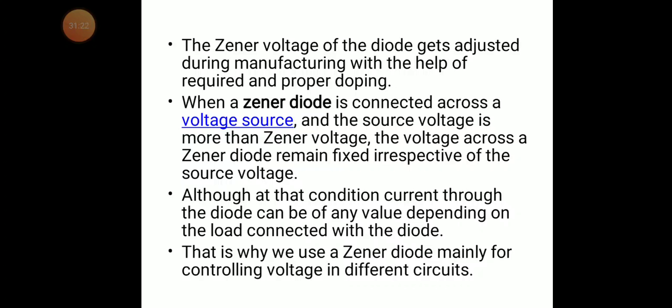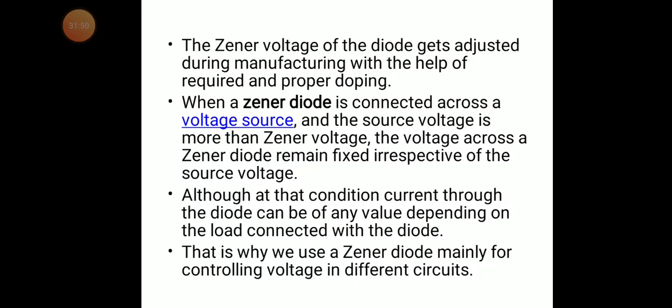That is why we use the Zener diode mainly for controlling voltage in different circuits. That is nothing but using a Zener diode as a voltage controlling device, or voltage regulator.